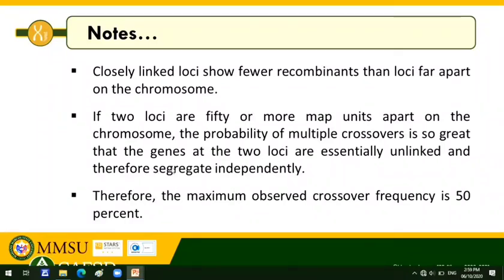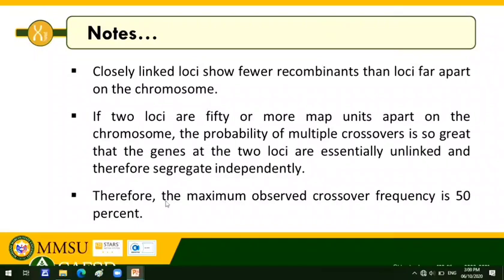So, kapag daw mas malayo ang dalawang genes, okay, ibig sabihin, there is higher percentage na unlinked or mag-crossover, mag-exchange yung segments ng dalawang chromosome. So, that will follow Mendel's law of independent assortment. Okay? Or law of segregation and independent assortment.